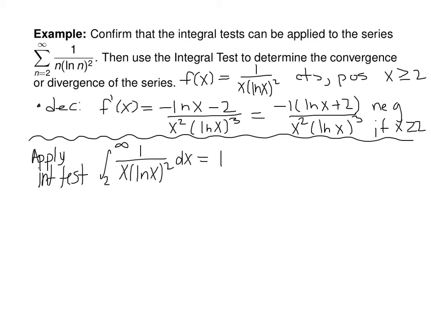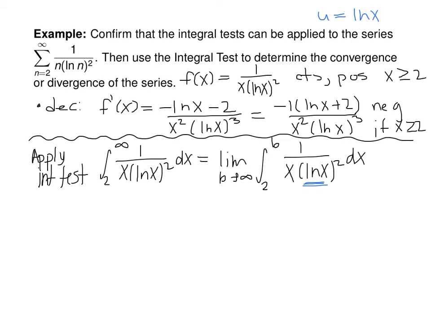So that's equal to the limit as some b goes to infinity, integral from 2 to b, 1 over x ln x squared dx. So if you work the integral out on your own on the side, you do a quick little substitution for u equals ln x, and you're going to end up with the integral of u to the negative 2 du.